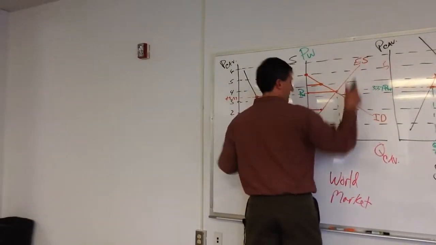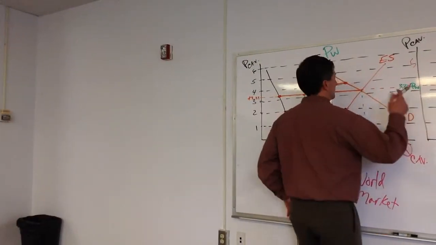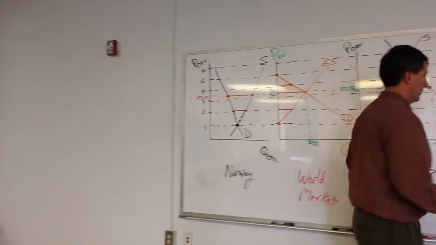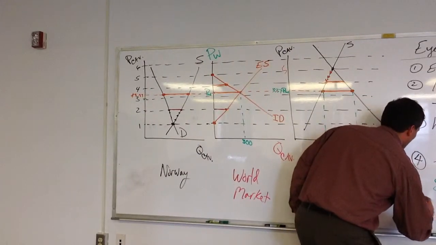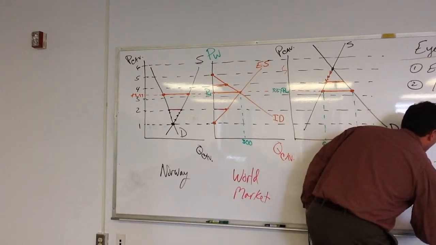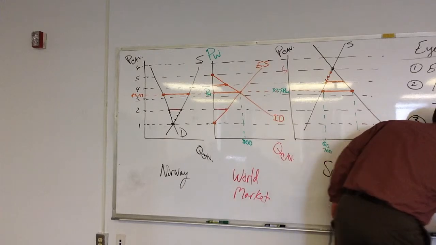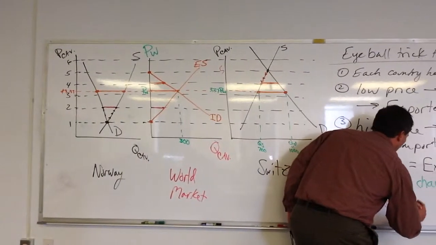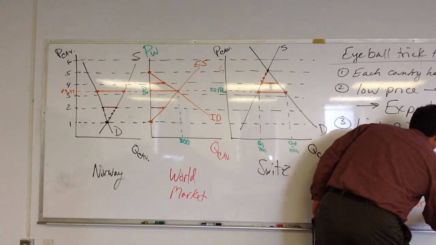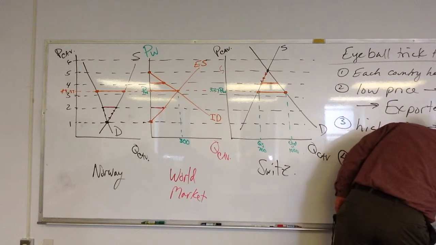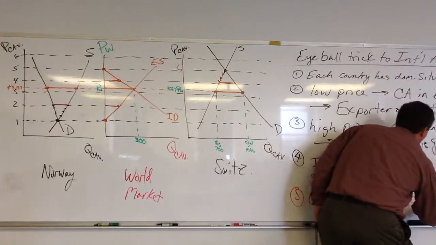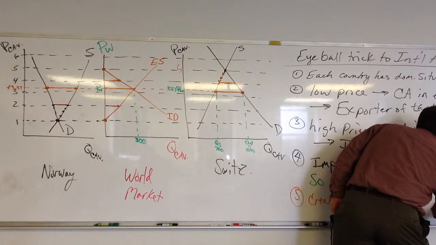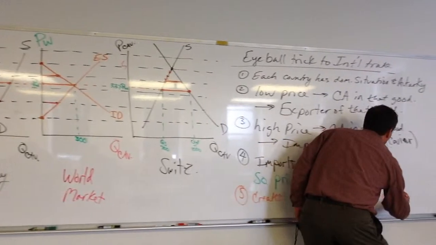I didn't really define these here. This creates the export supply curve, that was our ES, and the import demand curve.